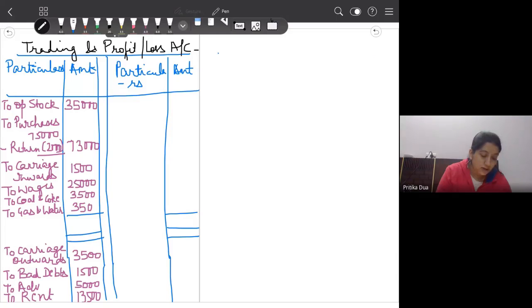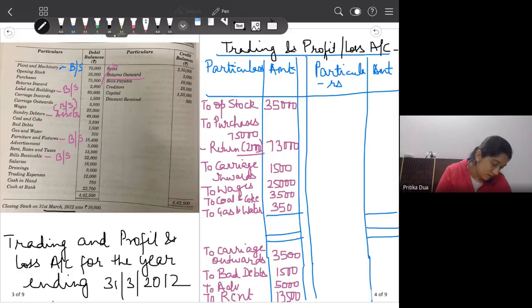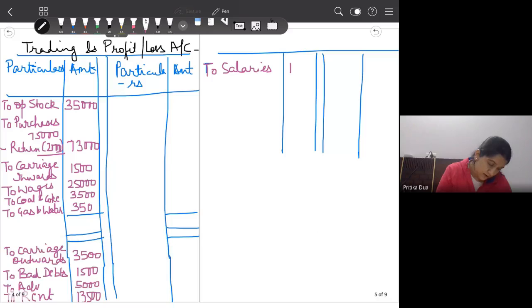So they will come on the debit side of the P&L account and here I write to salaries. Just let me go back, I'll see the amount. The amount of salaries is 16,000. So I write 16,000 here. Okay, so be very clear: wages, trading account, salaries, P&L account.